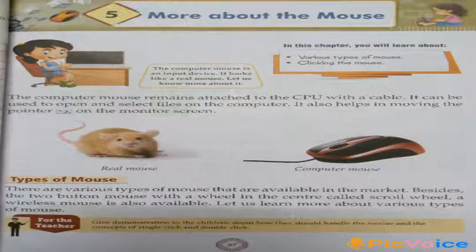A mouse that has two buttons with a wheel in the center called scroll wheel, and a wireless mouse is also available in the market.